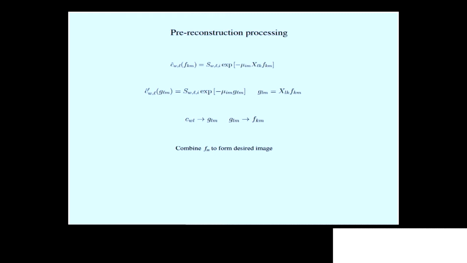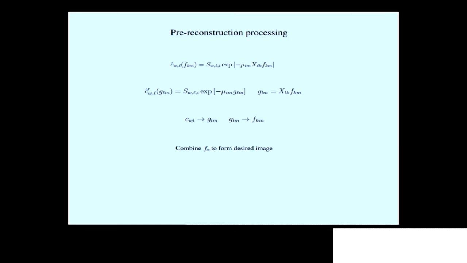Okay, so the idea of the pre-reconstruction processing is quite simple. We're not going to make any approximation now. So we come back to this counts model where we have the counts in terms of the material maps. And now we're going to break this model up into two pieces.